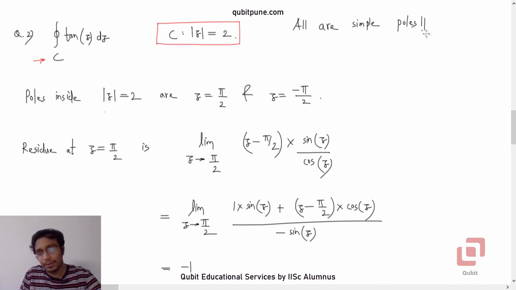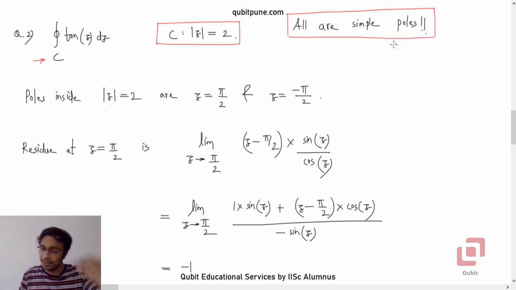That means there will only be one term in its singular part, or the principal part, which is going to be 1 upon z minus that singularity, times b1 of course, and we are going to find b1 now. But first we need to determine how many of those poles lie inside C.